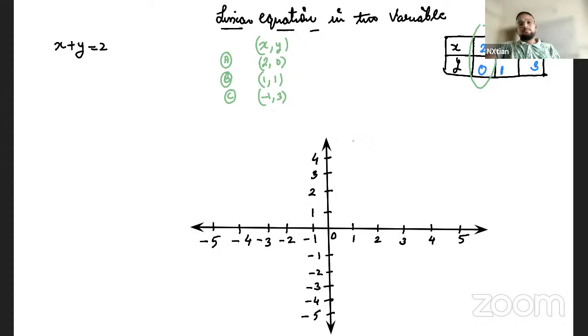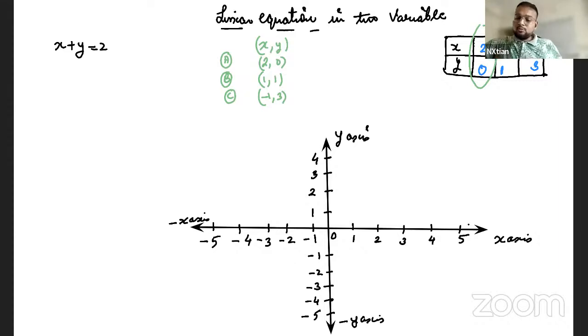Yes or no? Shouldn't you label if it's y-axis or x-axis? Yeah, good. So I have to write y-axis and x-axis also. Otherwise, you will lose your marks. Okay?